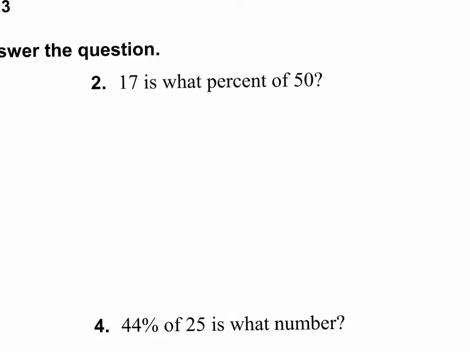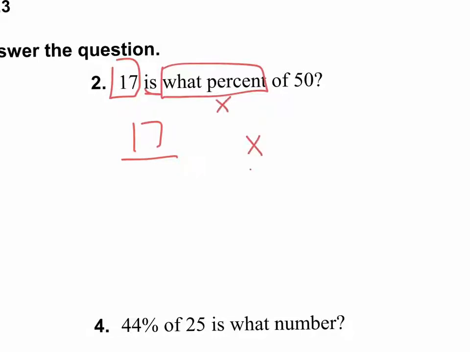So keep on going. So 17, is goes on top, right? What percent? Do we know the percent? No, we do not know the percent. So percent over 100, percent is x. We don't know what percent, but that always goes over 100. Of 50. Of goes on the bottom, so 50 goes on bottom.